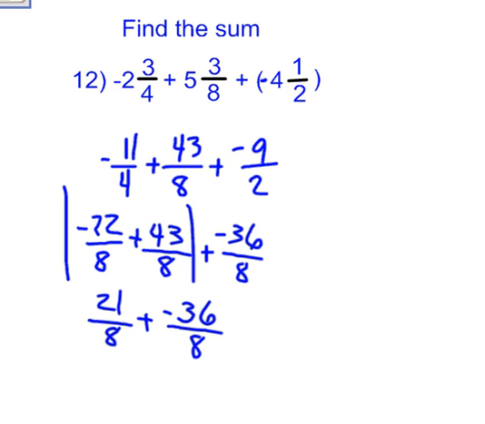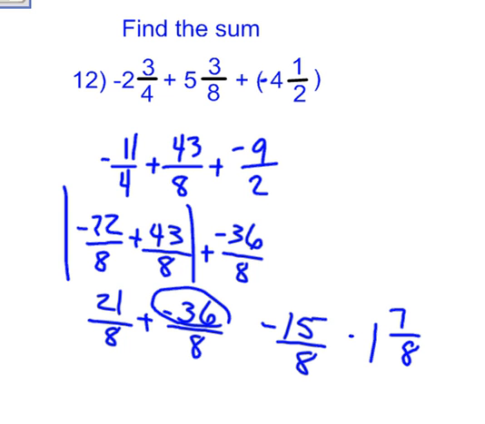Once again, this is a black and a red, so we're going to subtract them. 36 minus 21 gives us 15 eighths, and it's a negative 15 eighths since our larger number is negative. Then we have to change that into a mixed number. 8 goes into 15 one time. What's left over? 7. The answer is negative 1 and 7/8.